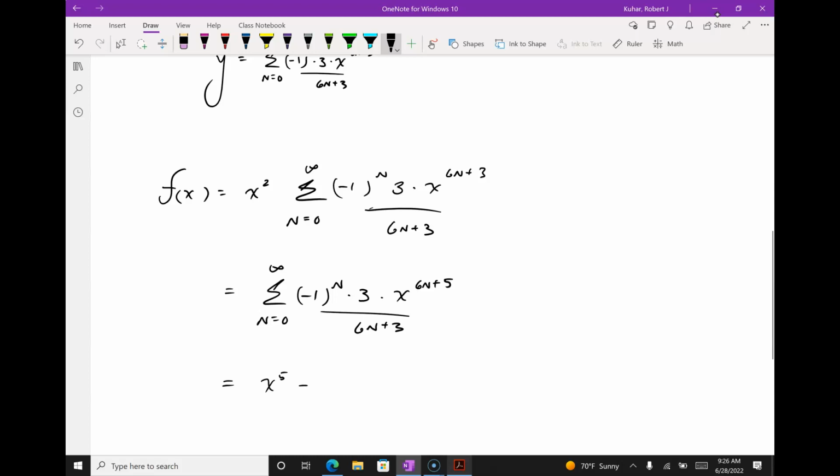Agreed? Anyone agreed? Yep. My next term is negative 1/3 x to the 11th. Help me, please. Anybody agree?